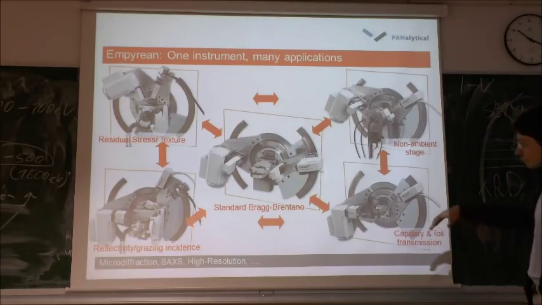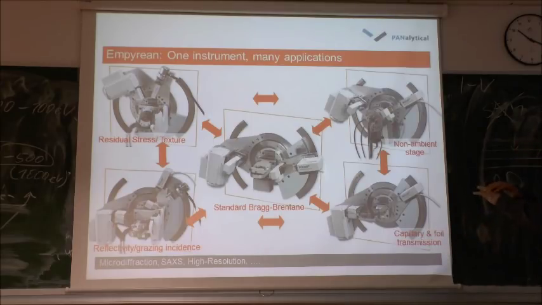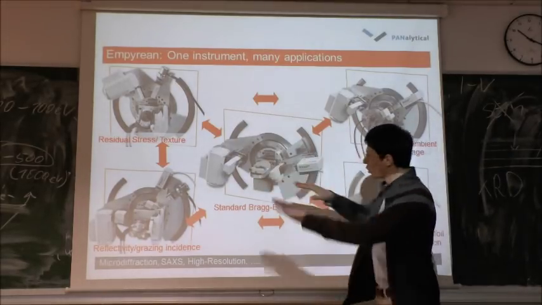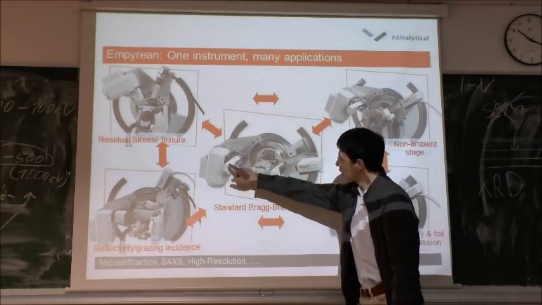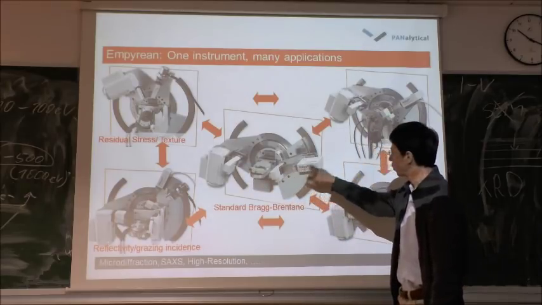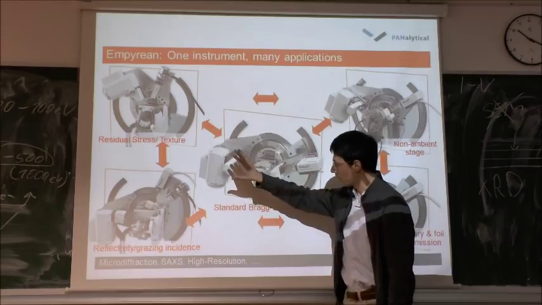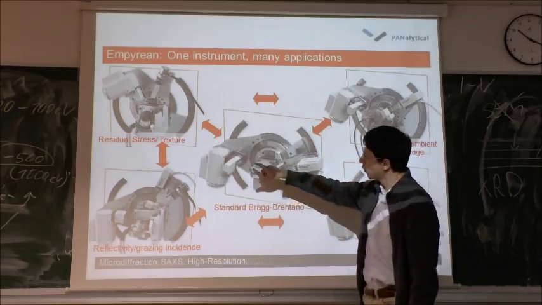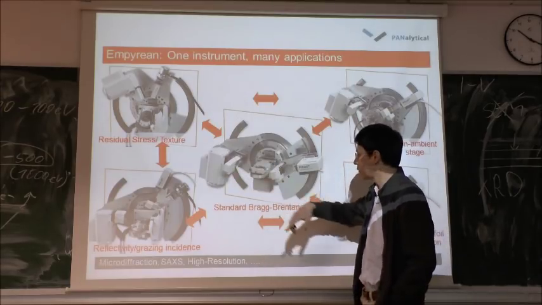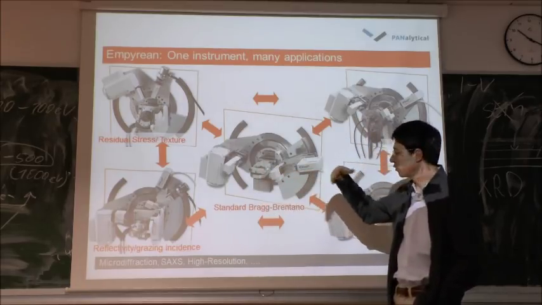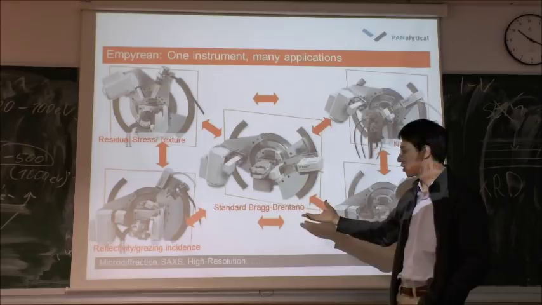So the diffractometer is a big box, and inside the box we have the goniometer. These are these two arms which move. This is the so-called omega, this is the so-called 2 theta. Omega has the X-ray tube, and then here we have a number of slits, and I'll explain which slits we have. Here we have a sample which is mounted on a sample stage.